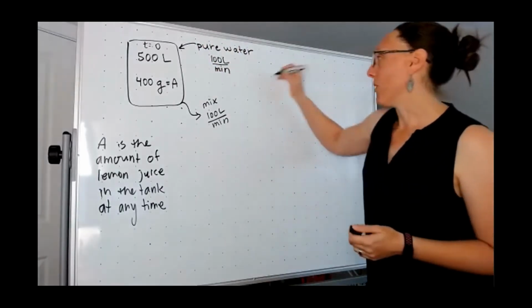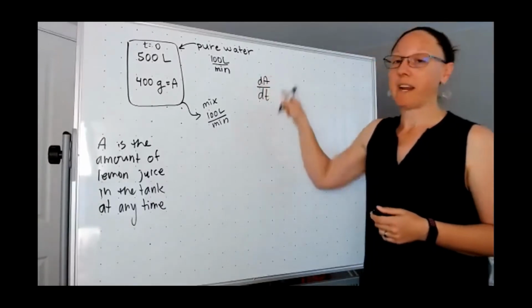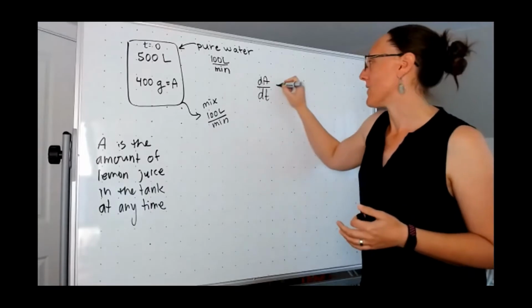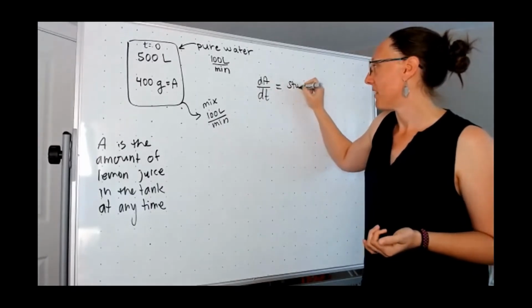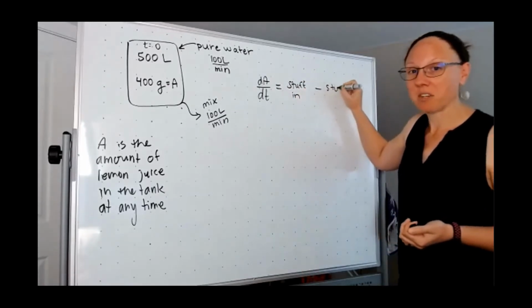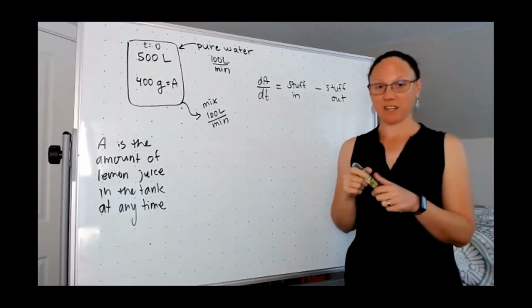So in general, that differential equation is going to say the rate of change for the amount of lemon juice in the tank is going to be the amount that came in minus stuff out.